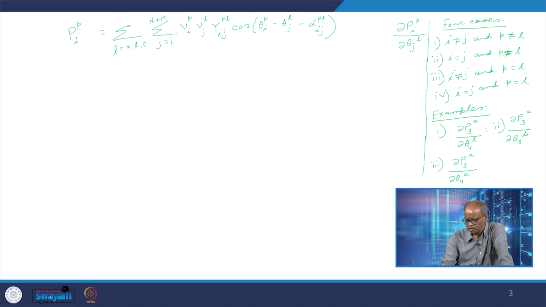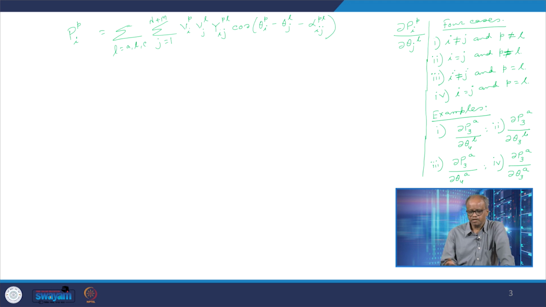Here I and J are not equal, but P and L are equal, and case 4 would be when all are equal, so it will be del P3A by del theta 3A. So, these are the typical examples.